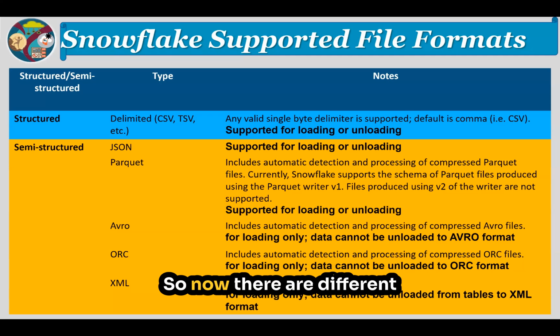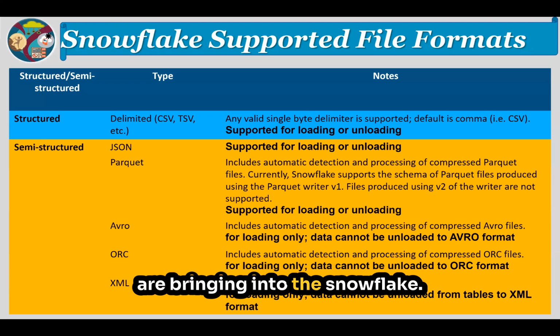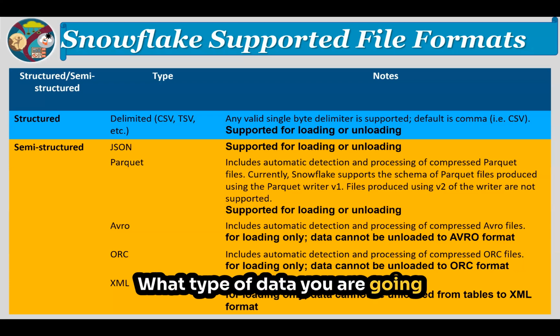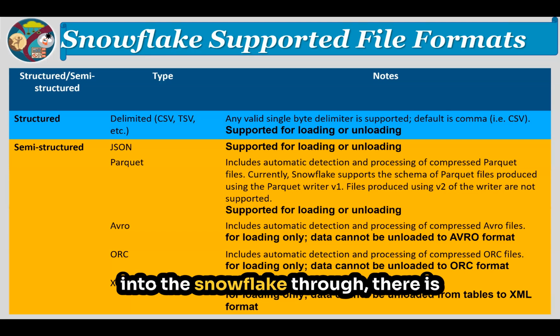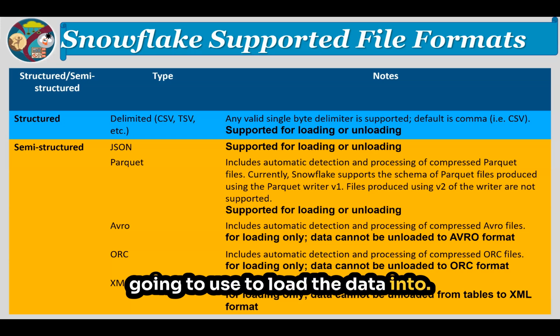There are different types of file formats available, which make Snowflake understand what kind of data you are bringing in. You specify the file format and the type of data you are going to bring into Snowflake. Then when we are loading the data, there is a command called the copy command. That is the command you use to load the data into the table.